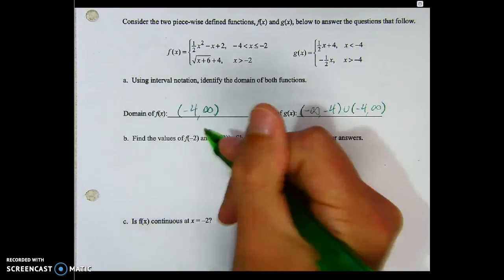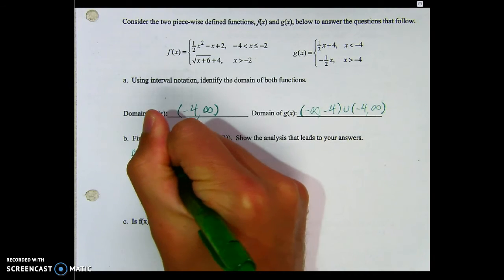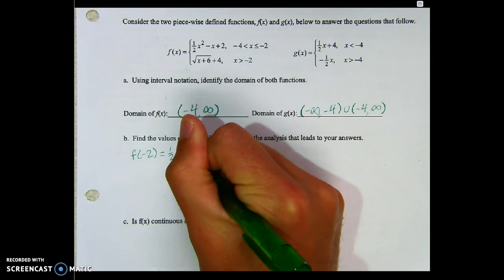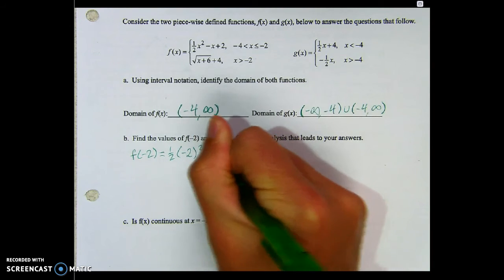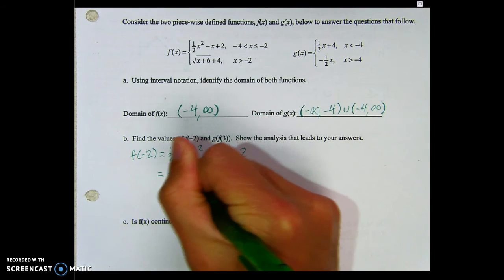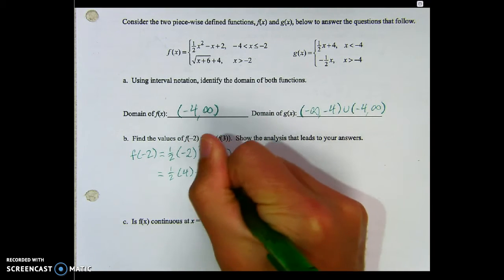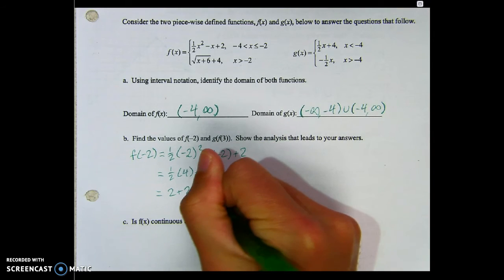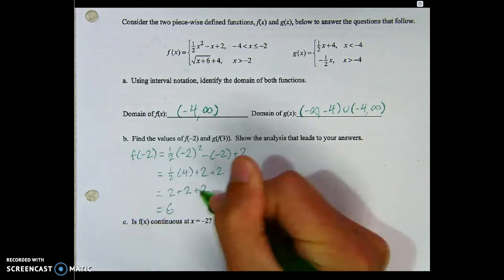So we have f of -2 is equal to 1/2 times -2 squared minus -2 plus 2. And that's 1/2 of 4 plus 2 plus 2. And that's 2 plus 2 plus 2, which is 6.